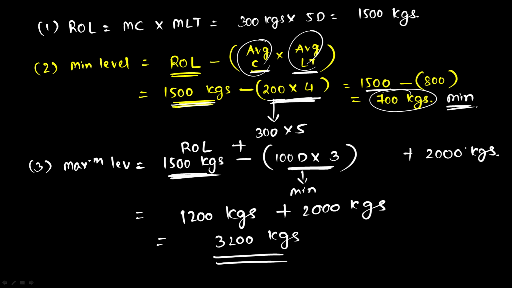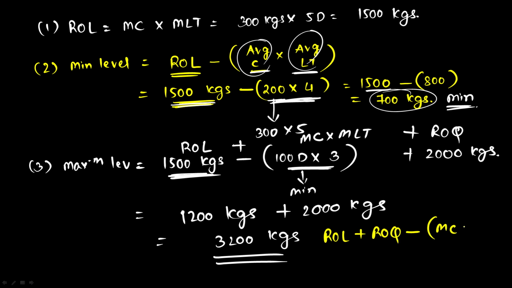What is 2000 kgs? ROQ. What is 100? Minimum consumption multiplied by minimum lead time. And this is how I derive the formula. What is the formula? I am rewriting it: ROL plus ROQ minus minimum consumption into minimum lead time.